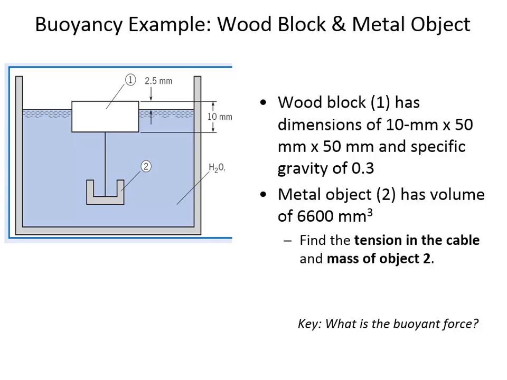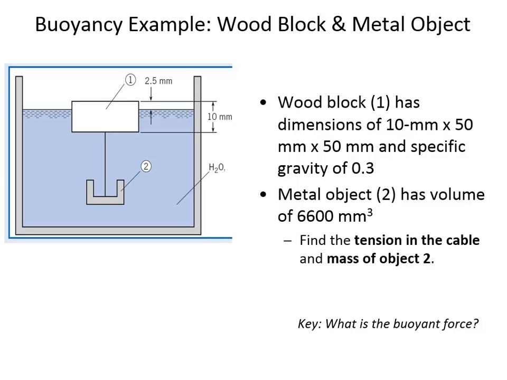So let's look at the force balance. What we've got is the tension is acting down, the weight is acting down, and the buoyant force is acting up. So the buoyant force is up, the weight is down, and the tension is down. And in equilibrium, they're all equal to 0. That would be 1? Yes. Yep, this is object 1.